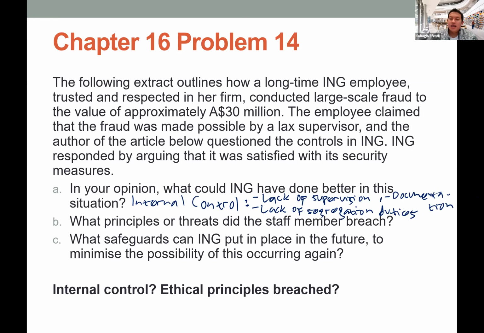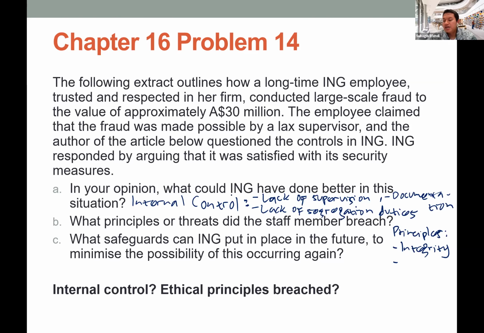Okay, and now the next one, B: what principles or threats did the staff member breach? Let's follow the APES and identify the principles that may be at risk in this case. The first one, I think it's obvious, we have a problem with integrity, because this employee is transferring the company's cash to her own personal account.